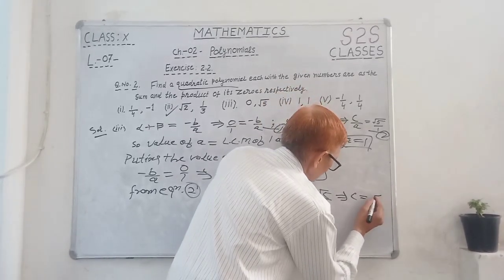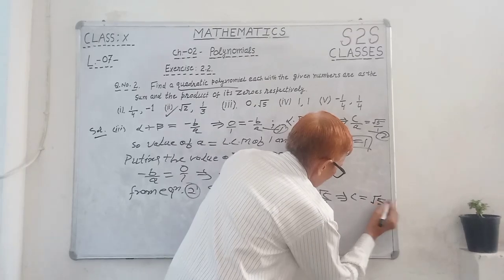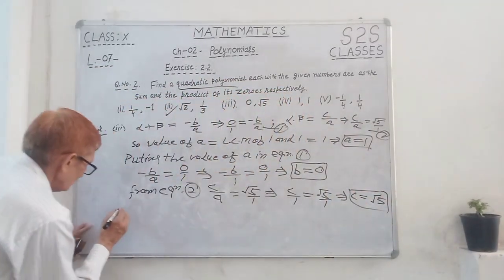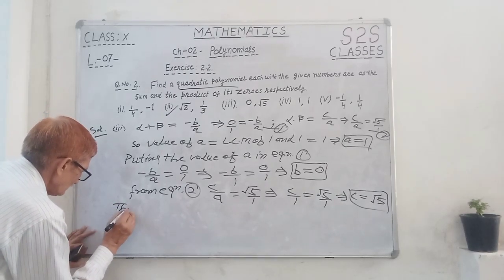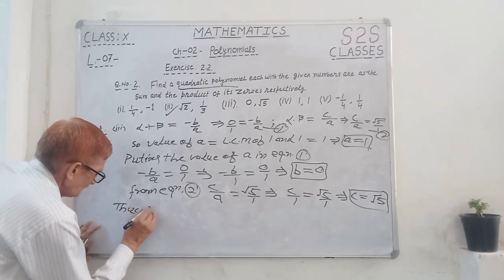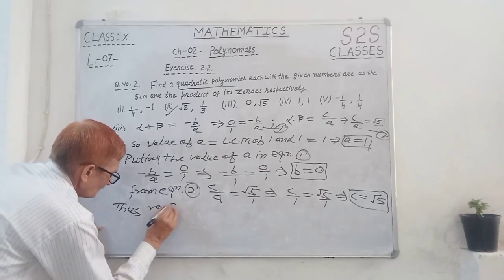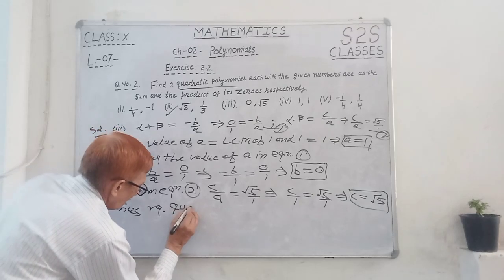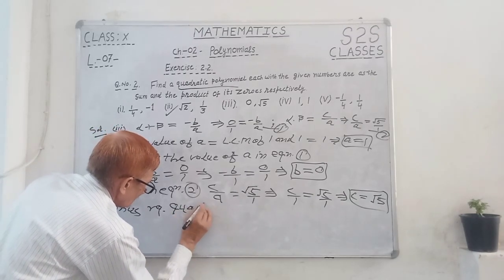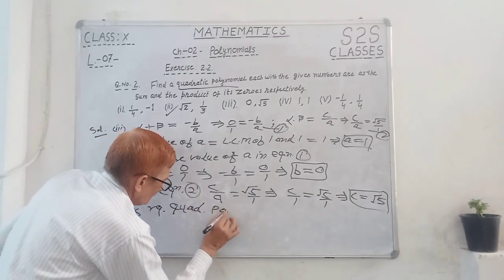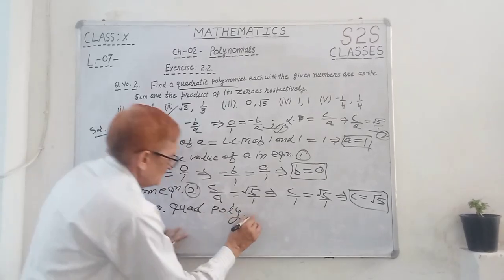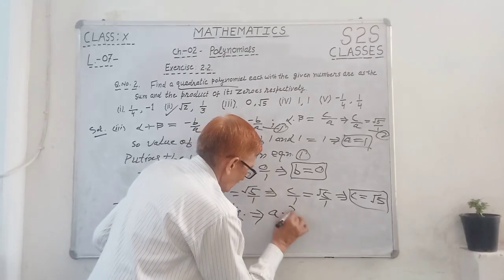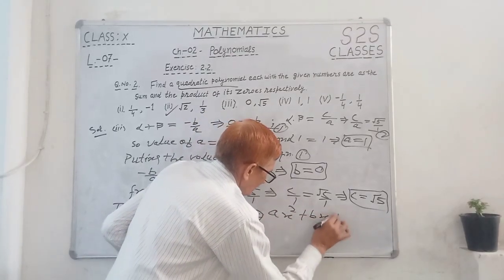Then c also you got. Now so thus required quadratic polynomial is equal ax square plus bx plus c.